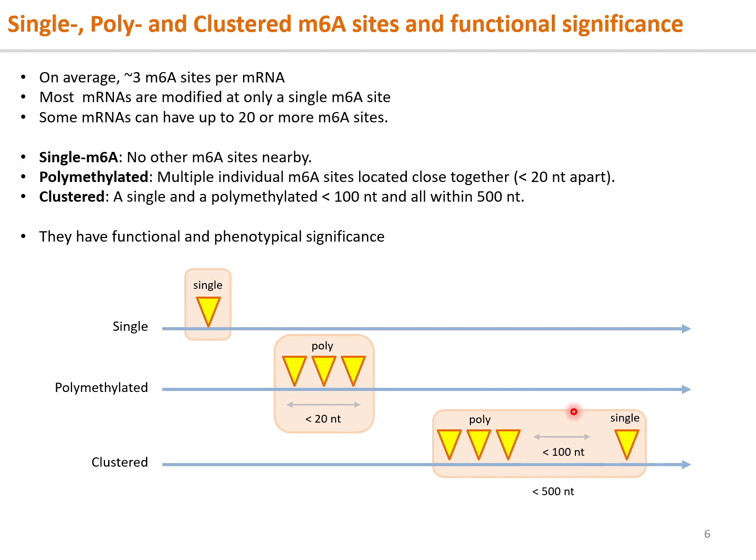A single site is an m6A site with no other m6A sites nearby. A polymethylated site has multiple individual m6A sites close to each other, at least less than 20 nucleotides apart. If a poly-m6A site has another m6A site within 100 nucleotides, they are called clustered sites.